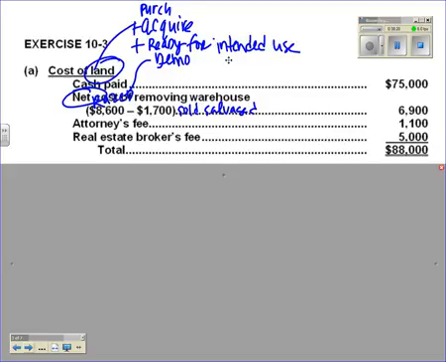Hold the show. I thought we paid $75,000 for it. Add all that other stuff on. Got to ditch the bad building. We've got to pay an attorney and pay a realtor. And then we're looking at an $88,000 price tag.